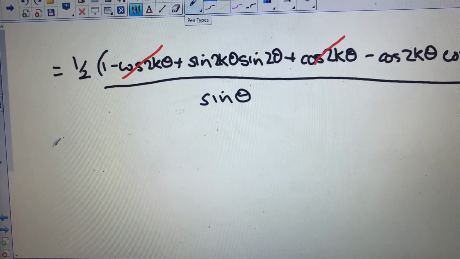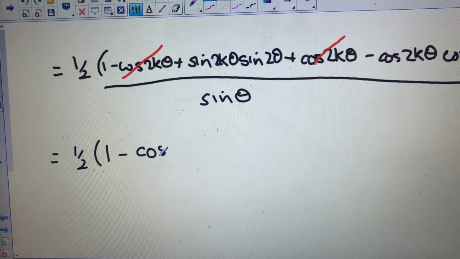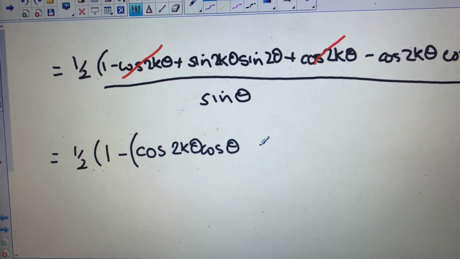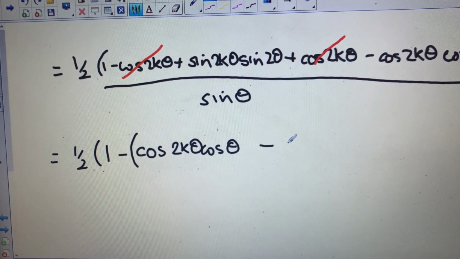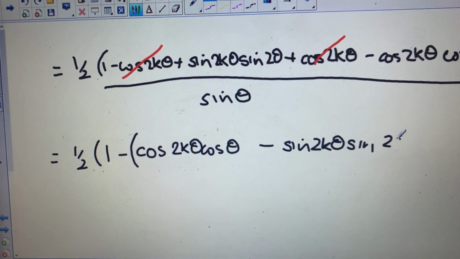We can now rewrite this as a half, 1 minus the cos, I'm going to use bracket, 2k theta cos theta, and because I've taken the minus out and that's a plus, minus sine 2k theta sine 2 theta. And can you see my deliberate mistake?